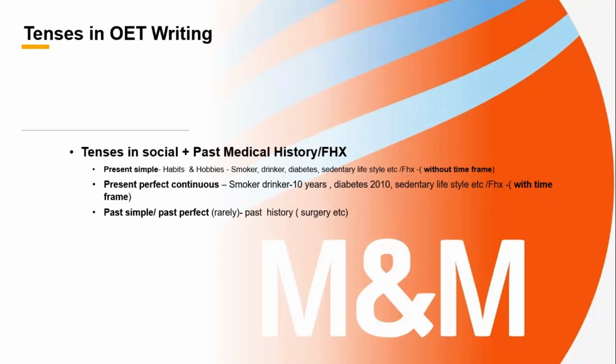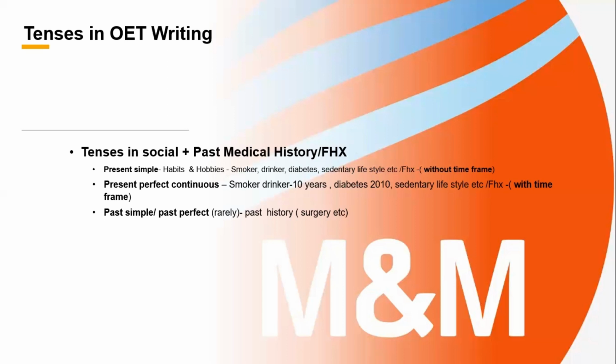We have to write it in the present simple form if there is no time frame mentioned. Let's say he's a smoker, he's a drinker, and so on. So these are just examples that you have to follow when you are writing the social history.